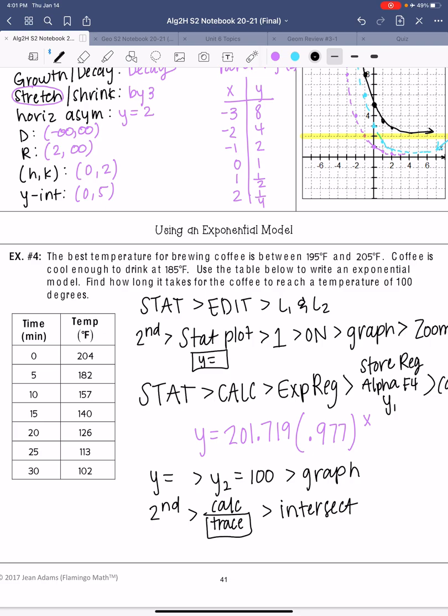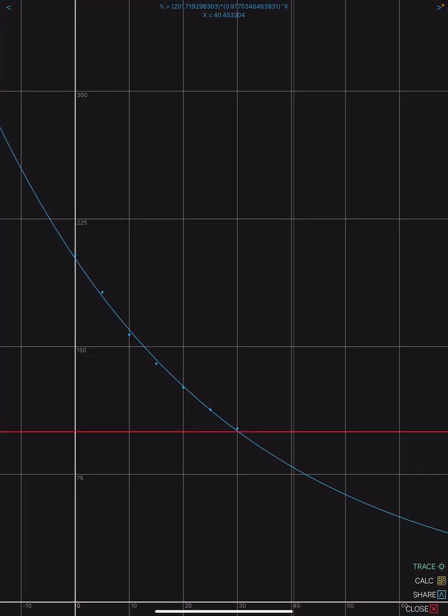Then it will say first curve, second curve, push enter, and then it will find that intersection for you. On this one, we can literally tap it and find the intersection, which is funny.